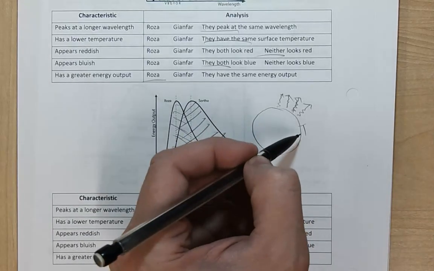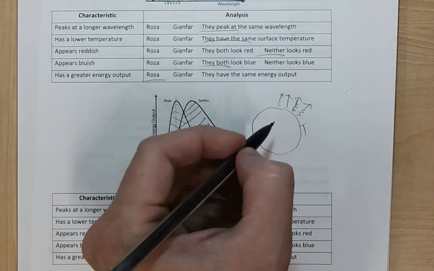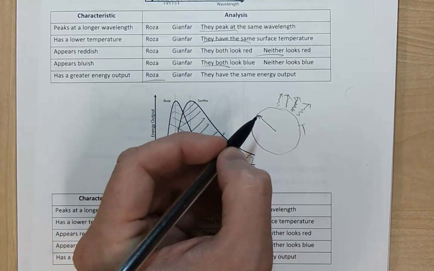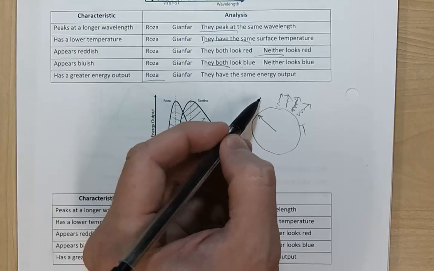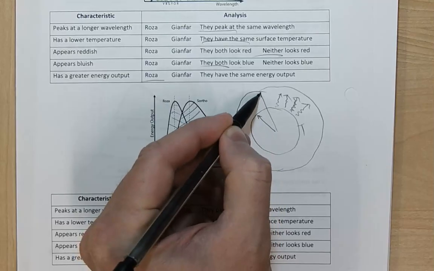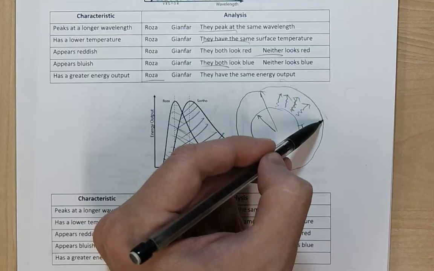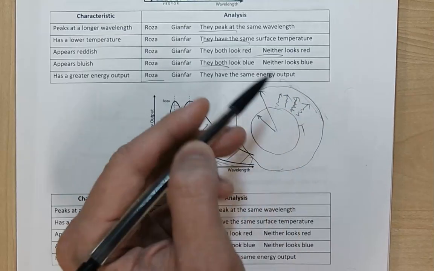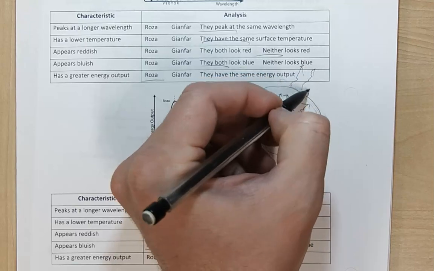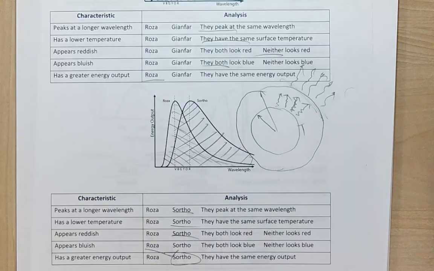The hotter the surface is, the more light it can give off per second. But also the size of the star, right? If that star has a larger radius, then it has a larger surface area. And if that star has a larger surface area, then it can let more light out per second. And if it's giving off more light per second, it's going to have a higher luminosity.